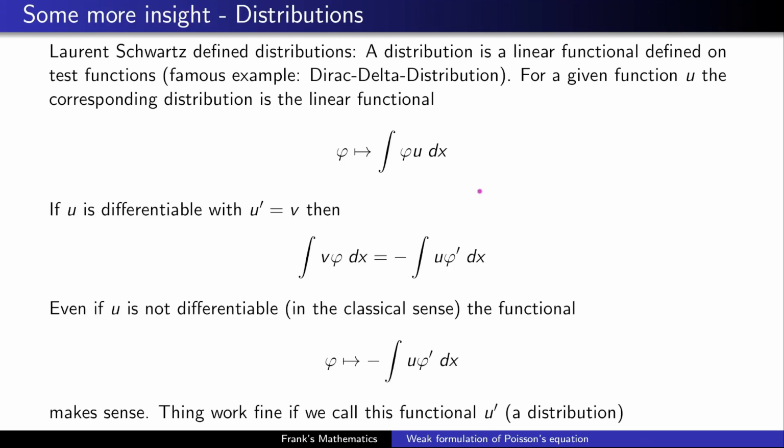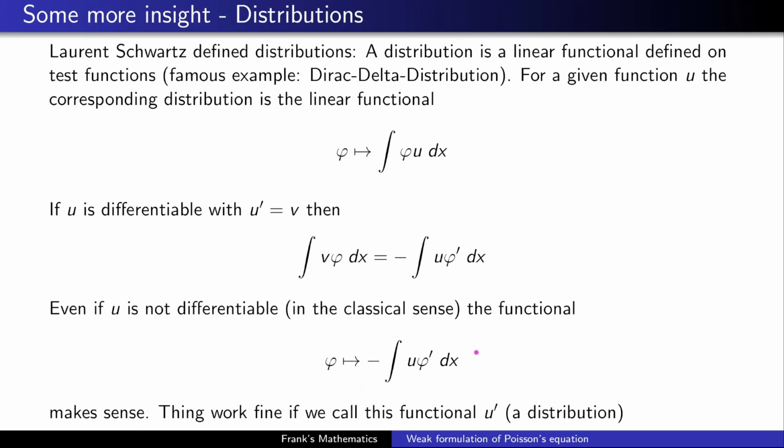So let's go back to our topic. Assume that u is differentiable and we call the derivative v. Then we can apply integration by parts. We just did it and we end up here. And here now comes the trick. Even if u is not differentiable, so the left hand side is not defined, we still can take the right hand side and define the functional here. And this makes perfect sense in the sense of distributions.